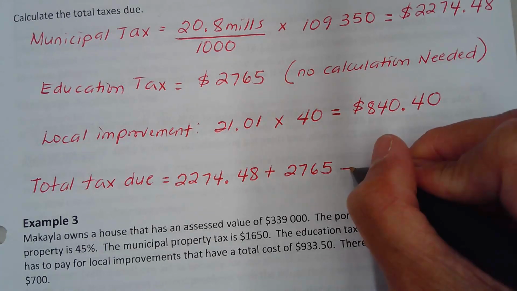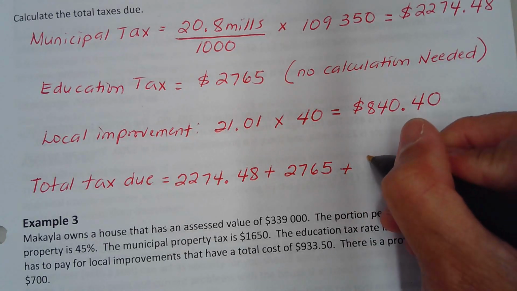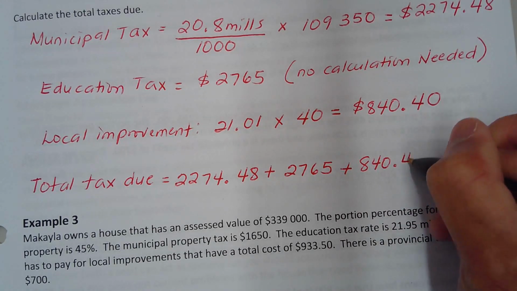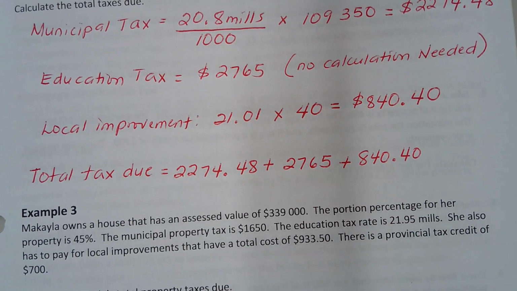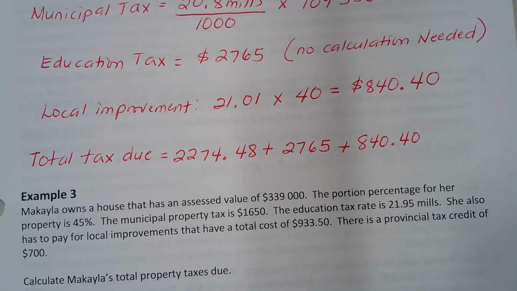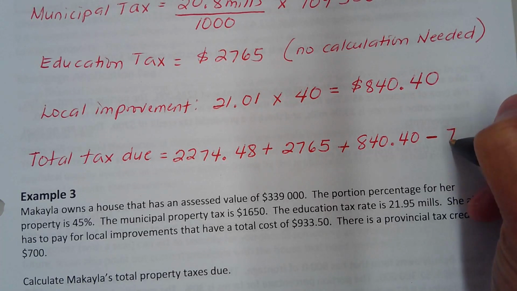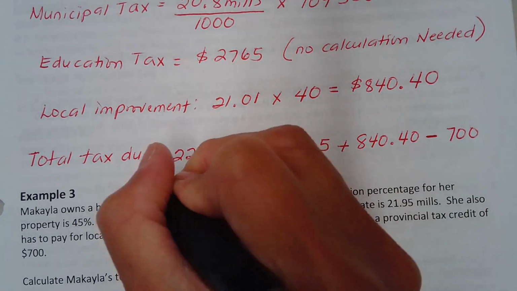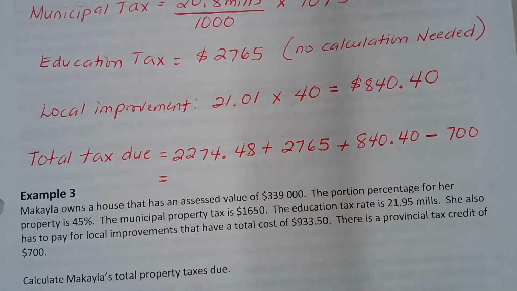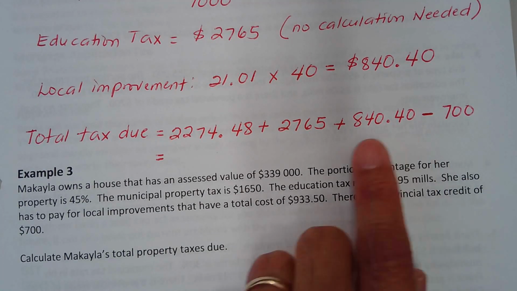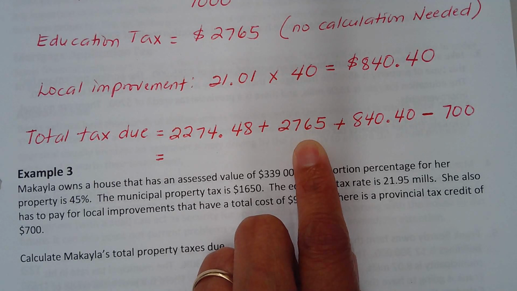We have local improvement to pay, 840.40. And then we're not going to forget about the tax credit of $700, so minus 700. So let's do that. 7.